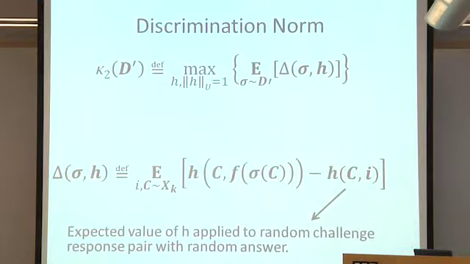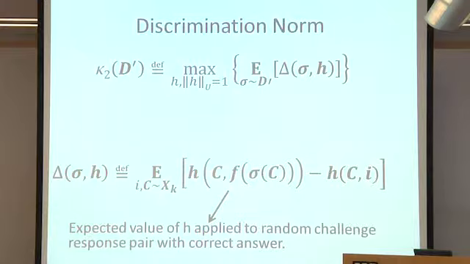So that's h applied to a random challenge with a randomly drawn response instead of the true response. And this first term is h applied to the challenge with the actual true response to the challenge instead of a random response.